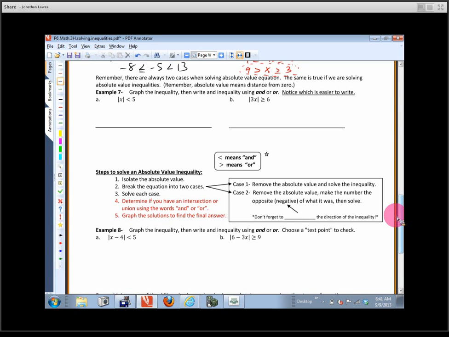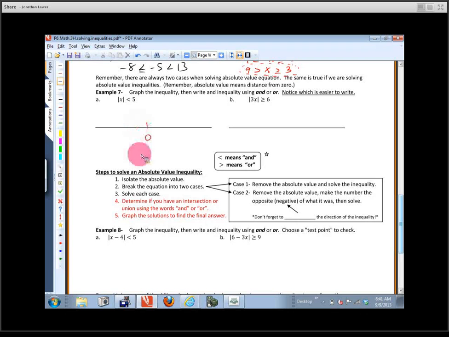All right. So let's take a look at this right here. These are what are called absolute value inequalities. These can start to get a little bit confusing, especially when we do stuff like these examples right here. Here's what this means. Absolute value refers to distance from 0. So whatever x is, its distance from 0 has to be less than 5.